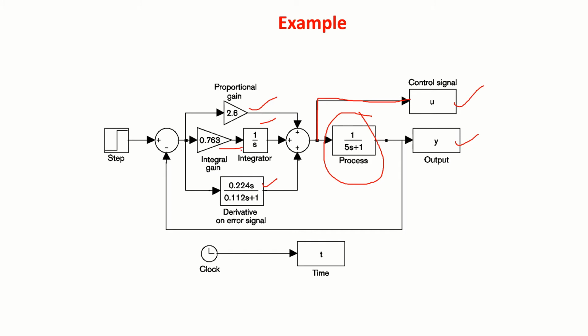Proportional, integral, derivative, I'm adding all three. So this is the process and this is the feedback signal. This is a step input, so we have a step input here, and let us study the response.